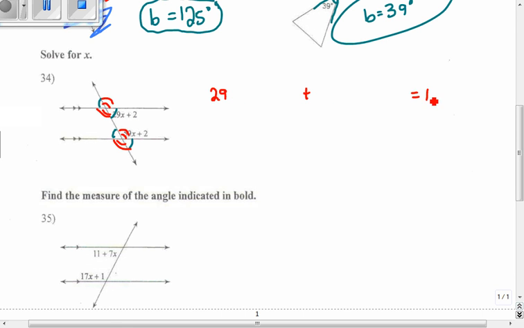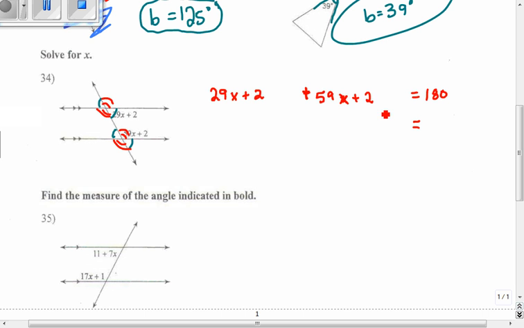So I'm actually going to go ahead and write out the plus and the equal 180 first. So over here, I got to put one of the angles, which is 29x plus 2. And right here, I got to put another one of the angles, which is 59x plus 2. I just spaced it out to make a point that I'm adding the two angles together.